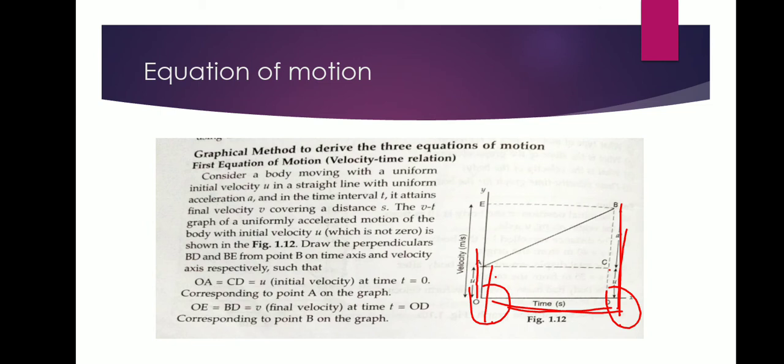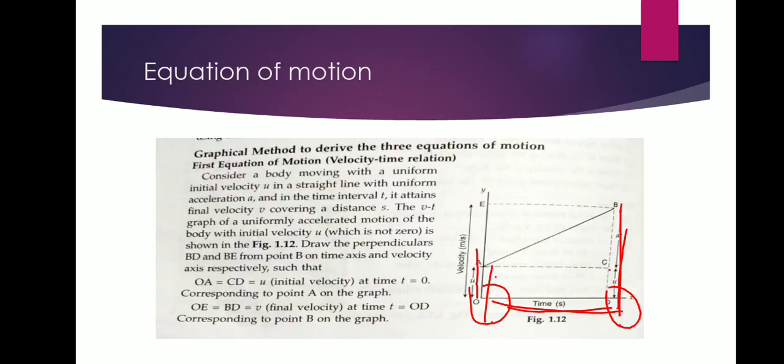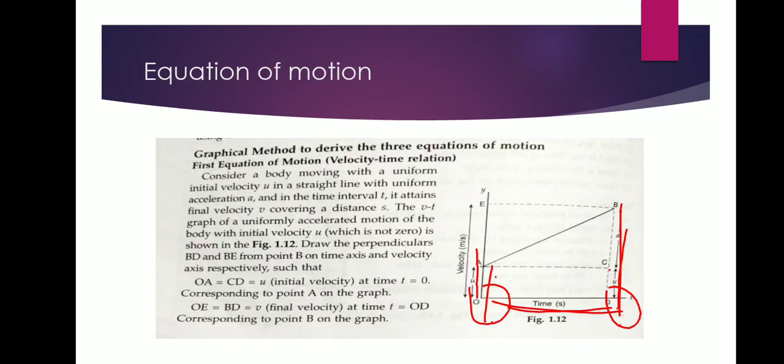On substituting the values, OA is the initial velocity u. BD is the final velocity v. OD is time t. Then s is half into u plus v, into t.